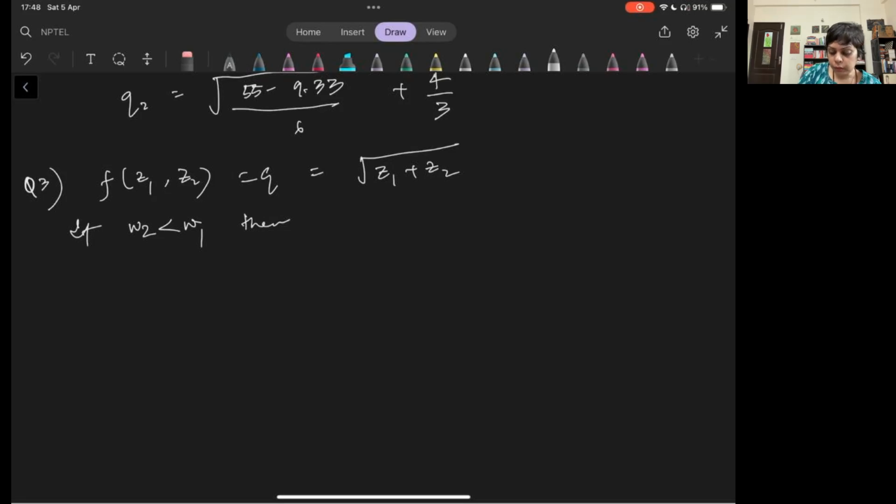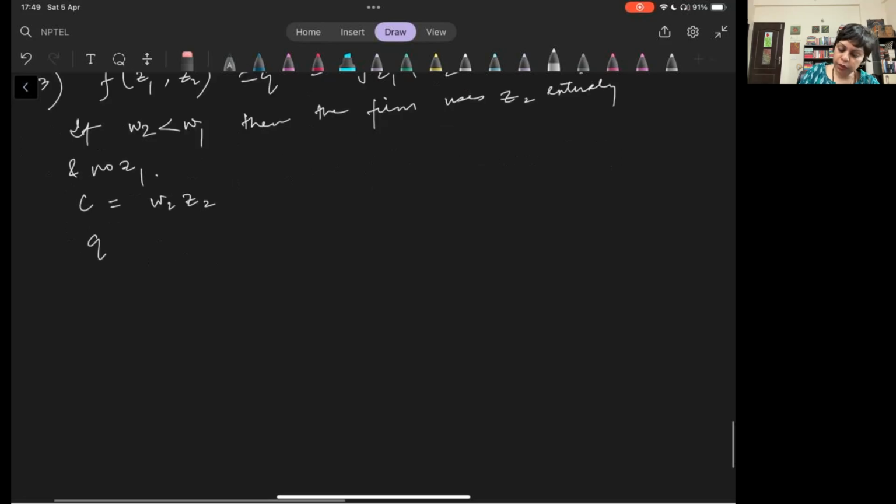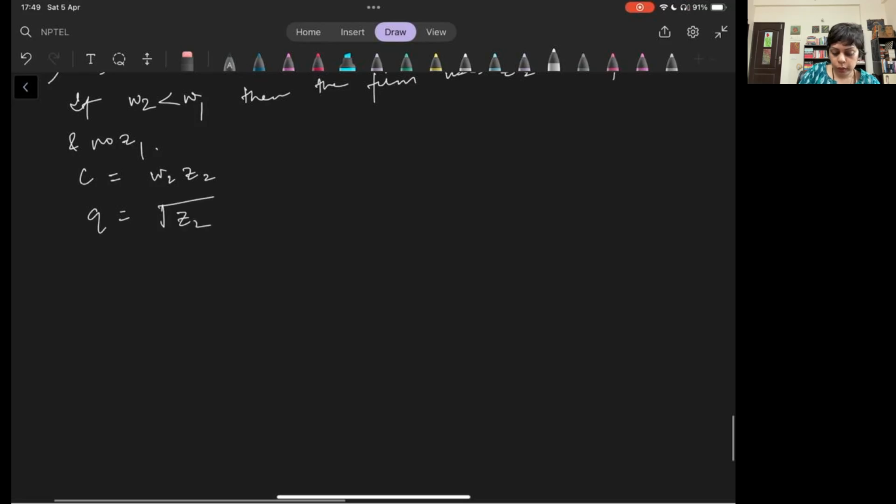So here the firm uses Z2 entirely and no Z1. Now what is the cost going to be for the firm? It's going to be W2 Z2, right? And the production function becomes Q equal to under root Z2, since Z1 is 0. Rearranging, Z2 is equal to Q square.